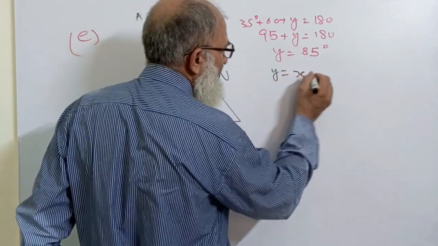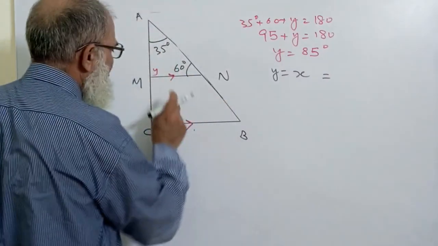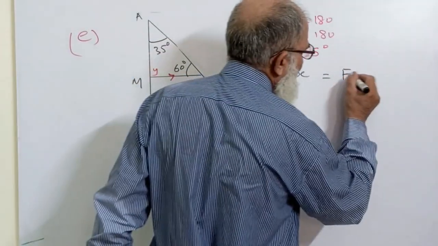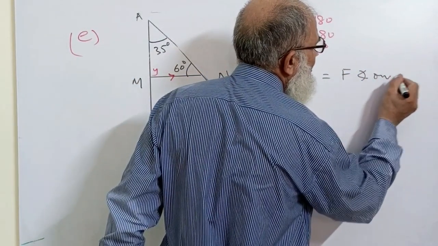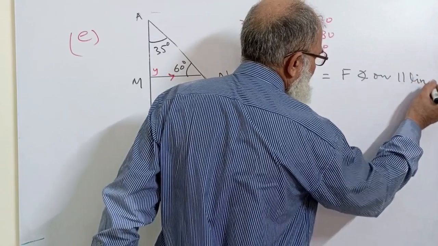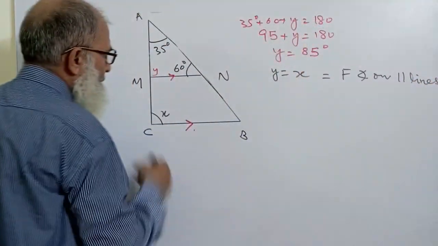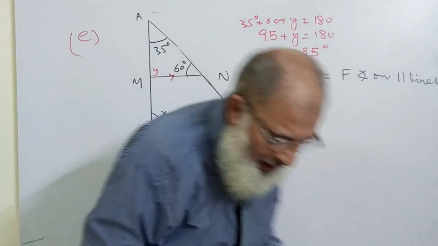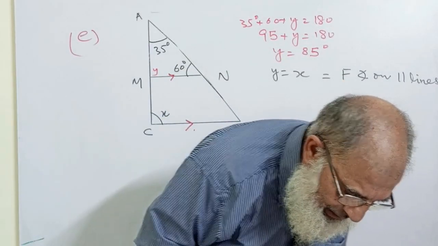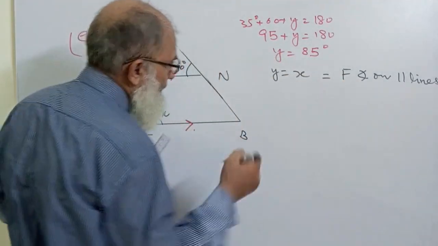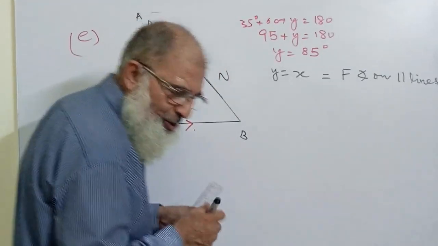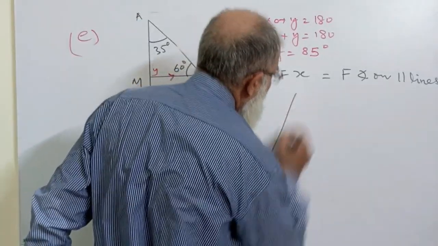Y is equal to x. These are F angles on parallel lines. So it is solved. The last question is very easy again. Just do it in freehand.